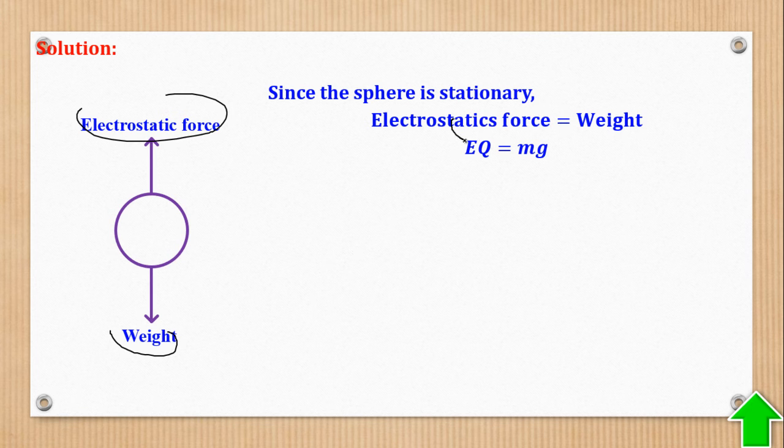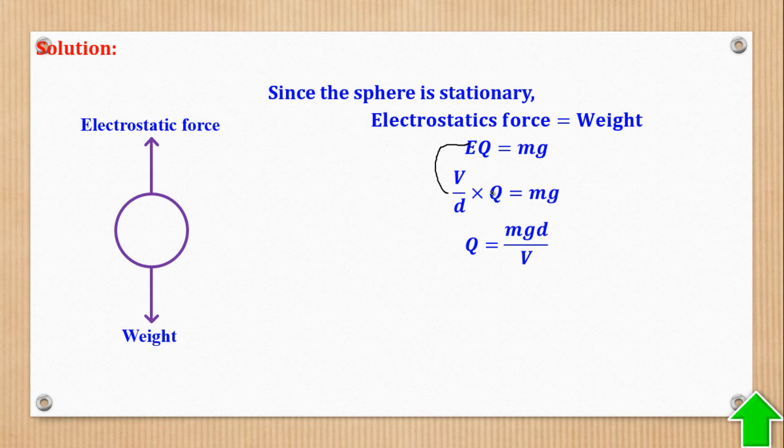We already saw in case 1 that F is equal to EQ and weight is equal to mg in case 2. When I equate the two, I'll also remember that electric field intensity is equal to V over d. We have already seen that. Therefore, I can make Q the subject by taking all these ones this side to come up with this. Now, next is to substitute.